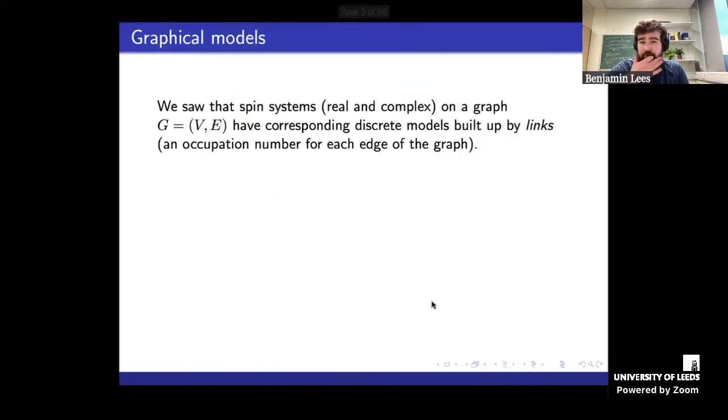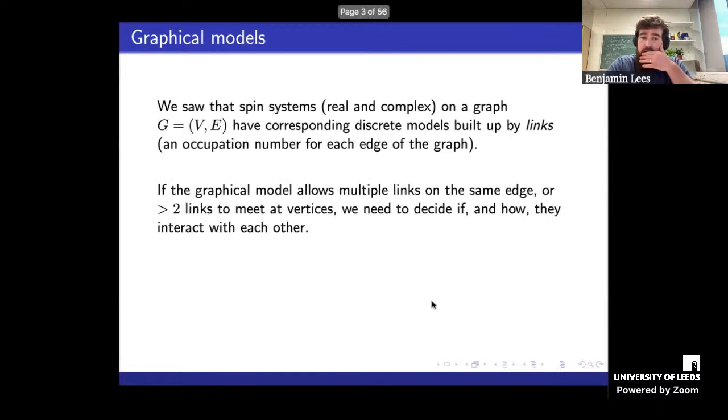So remembering the graphical representations that we saw before, we saw that, okay, some spin systems are real or complex. So the Ising model or this complex spin system on the graph have some discrete models that we build up from links that might have some colors and maybe have some restrictions at vertices and edges that amounts to an interaction between, say, loops or paths and so on.